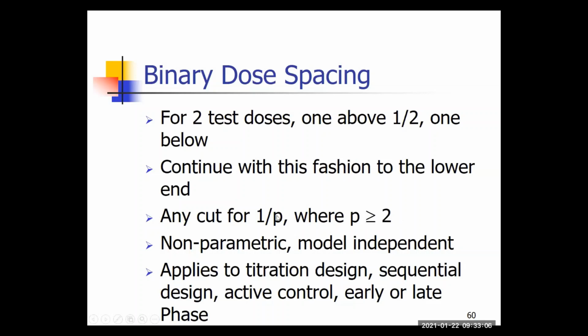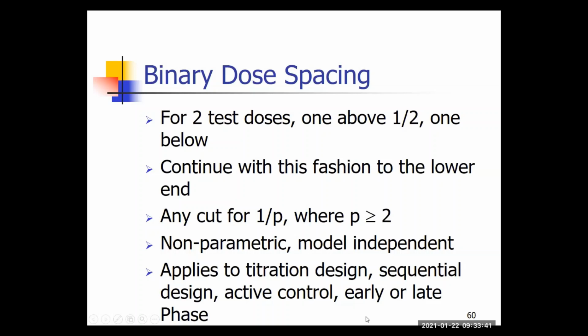I can take 1/2, which is 1 divided by 2, 1/3, 1/4, or 1 over 2.5, or anything like that. You can come up with different ways. But it's not a precise thing you have to do exactly, it's just a general framework of thinking. Now, the advantage of it is being non-parametric, model independent. And it applies to titration design, sequential design, active control, early or late phase.